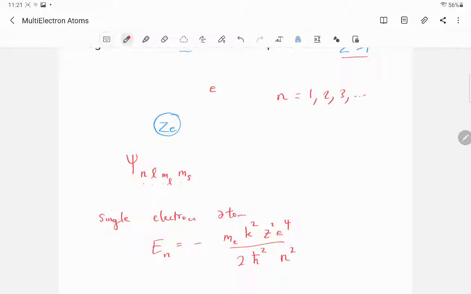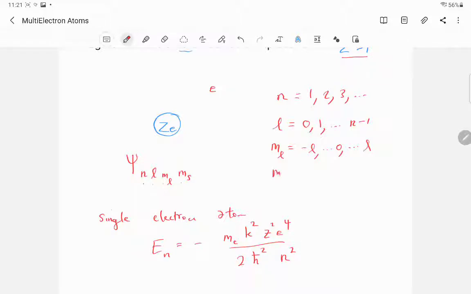Okay. So once I choose an n, I can choose an l, and l can take values 0, 1, all the way up to n minus 1. So your options for l are guided by what principal quantum number you've chosen. And the options for m sub l are guided by the value of l that you're using: from negative l up through 0 up to l in integer steps.